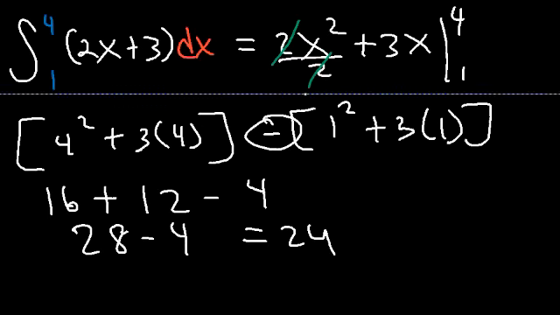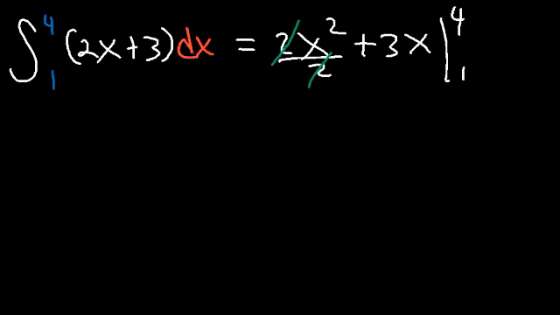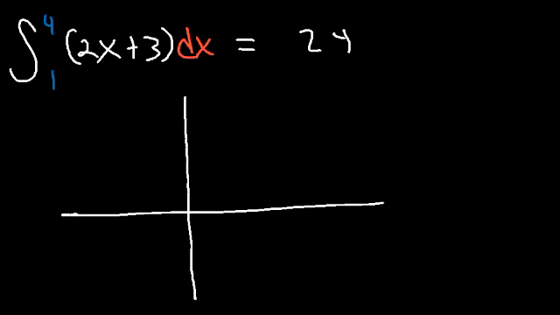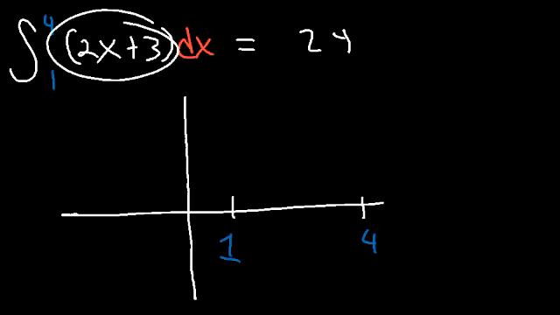So let's confirm the answer with geometry. Now let's graph the function, but we're not going to graph the entire function. We're only going to graph the portion between 1 and 4. When x is 1, what is the value of y? If we plug 1 into the expression, 2 times 1 plus 3, we're going to get 5.